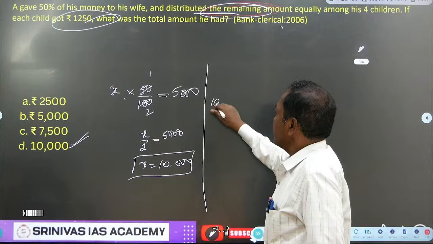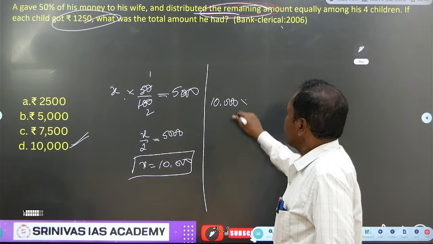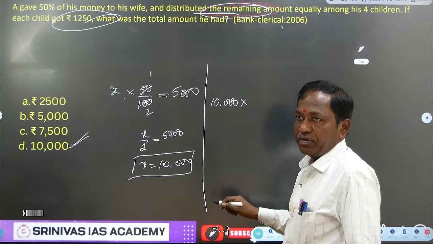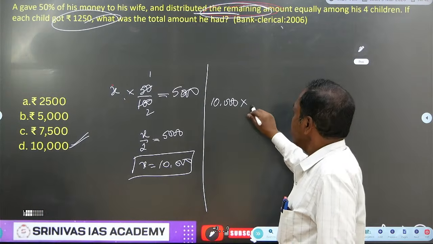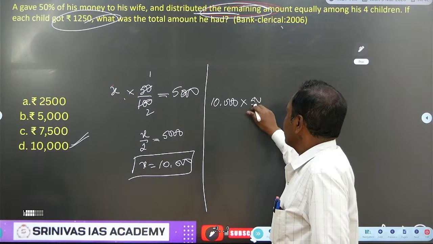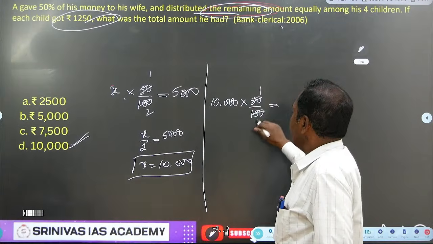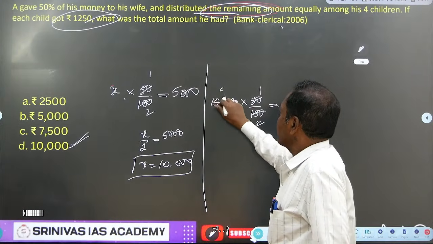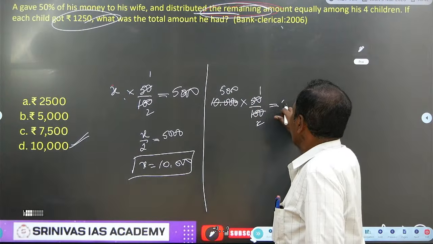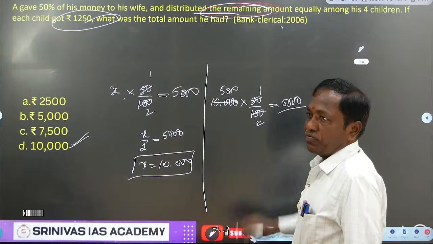The money he had is 10,000. He gives 50% to his wife. What is the remaining? 50%, so 5,000 rupees remaining money, which is given to his 4 children.